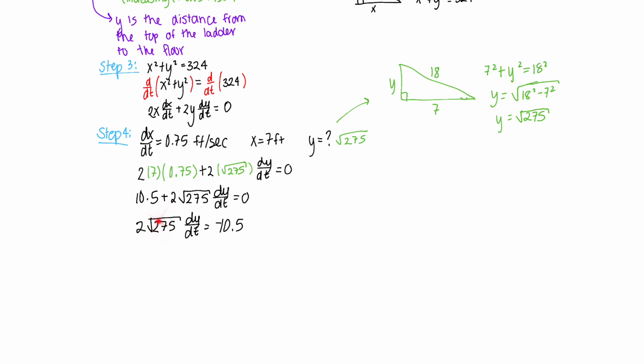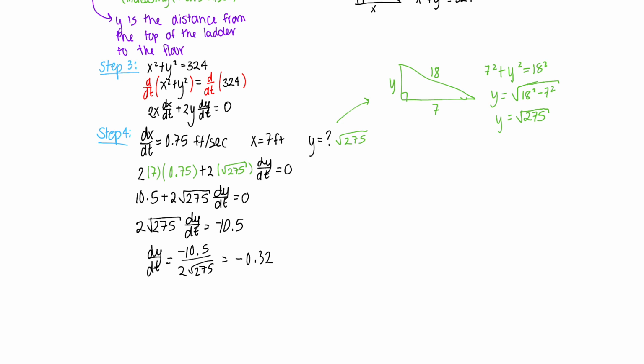And then dividing both sides by 2 square root of 275, we have dy dt equals negative 10.5 over 2 square root of 275. Putting that in my calculator, I get negative 0.32 when I round.